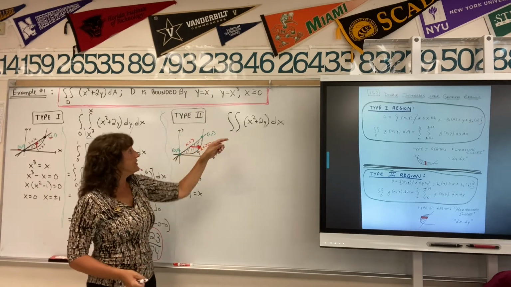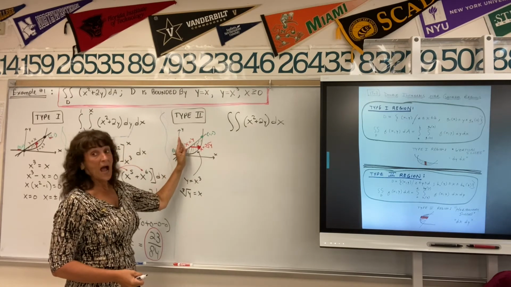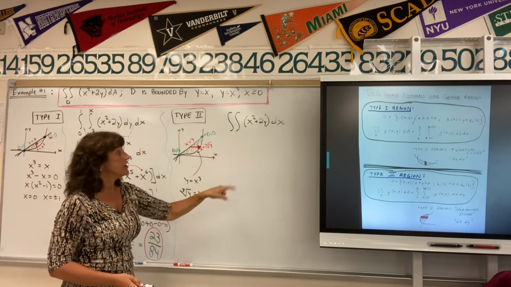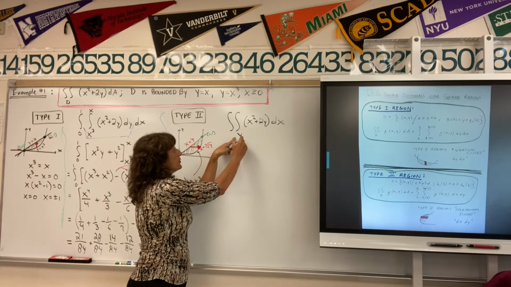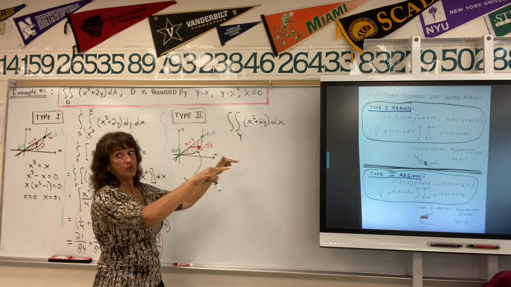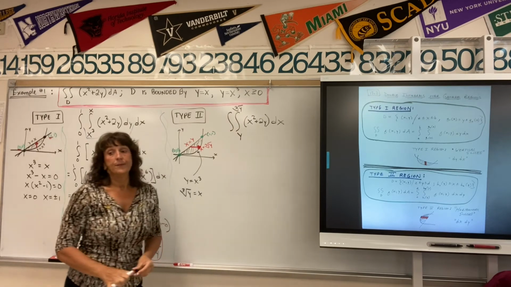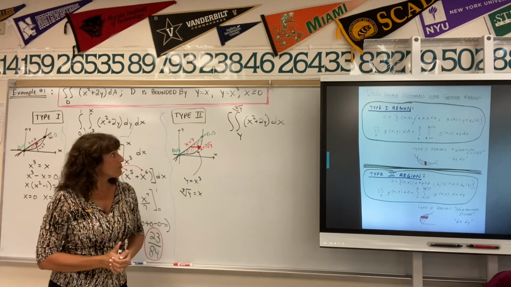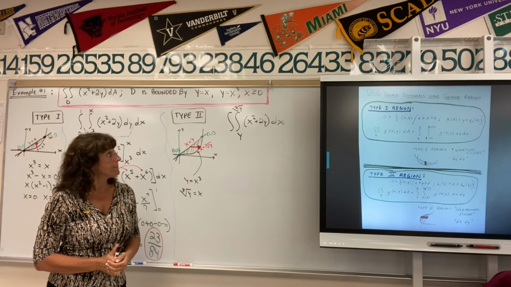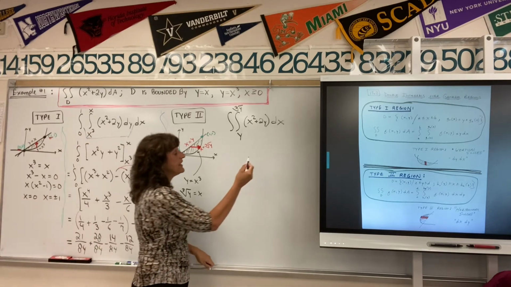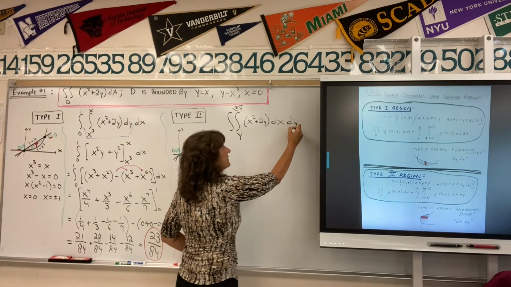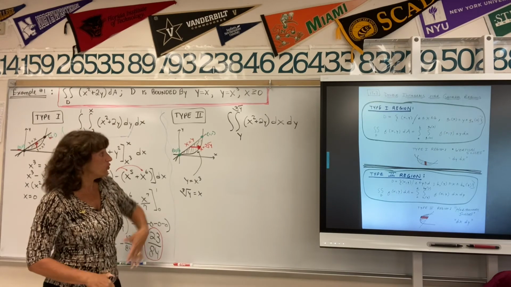So when you set up your inside bounds, you're going to go from y for the lower bound to the cube root of y for your upper bound. So this is what your inside bounds look like. Then we have to set up the outside bounds, dy, the y bounds.